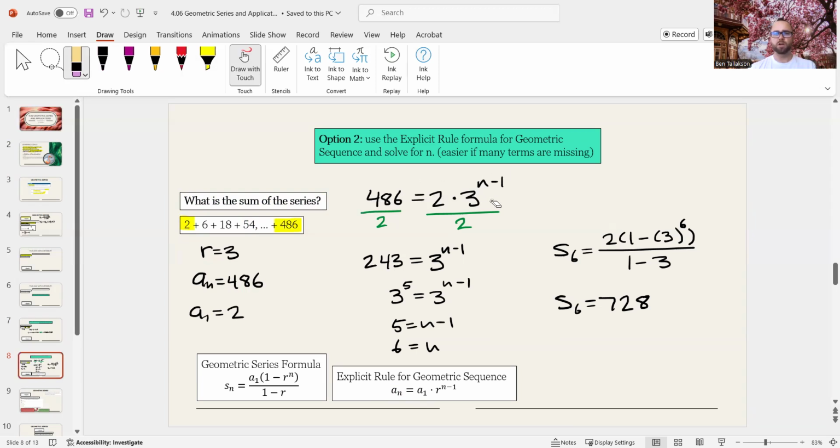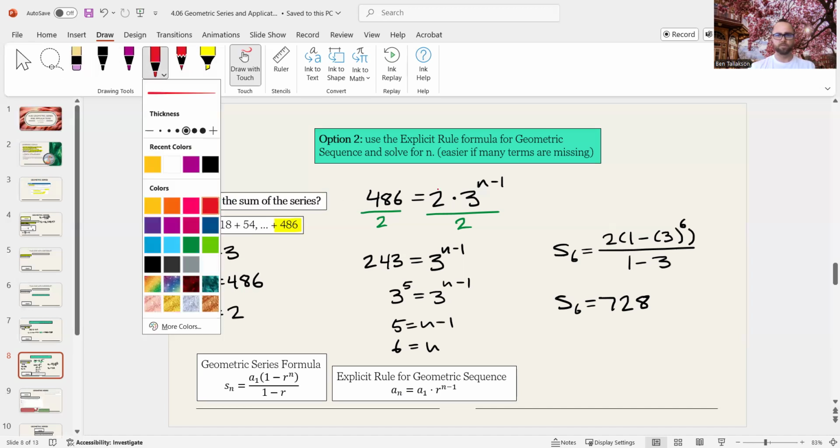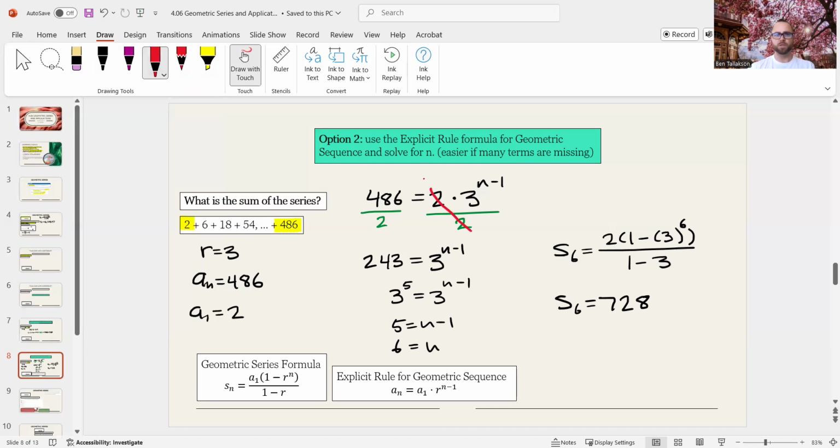Okay, we plug it in. We have what we want, and now we can simplify by noticing 2 can evenly divide 486 and this 2 here. So these both go away, right? They both become 1s. 486 divided by 2 is 243.